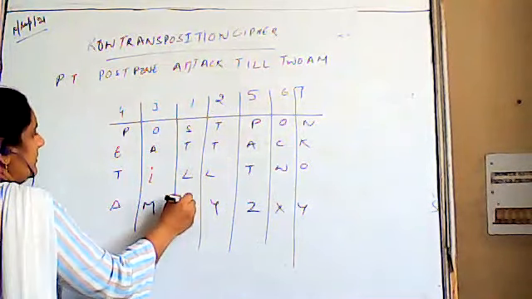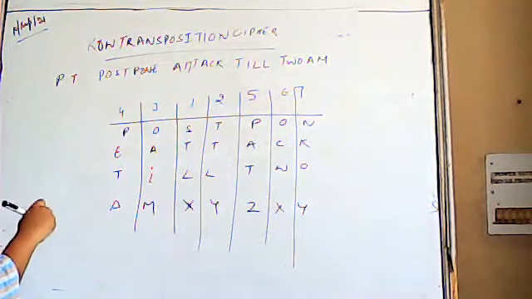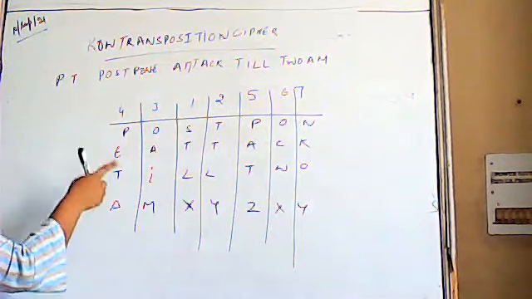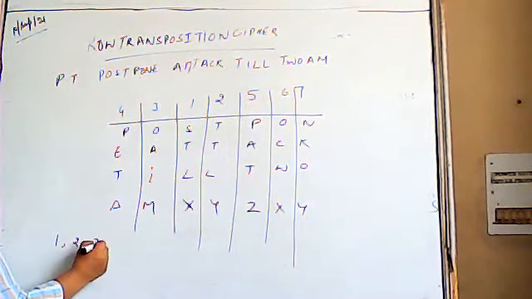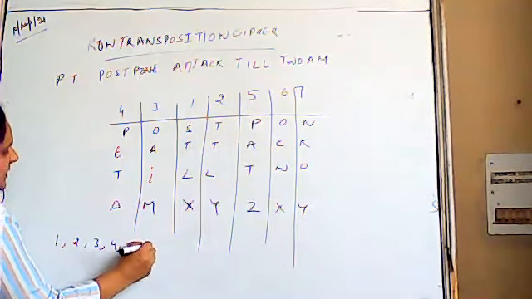Now we will be reading this text in this manner: 1, 2, 3, 4, 5, 6, 7.